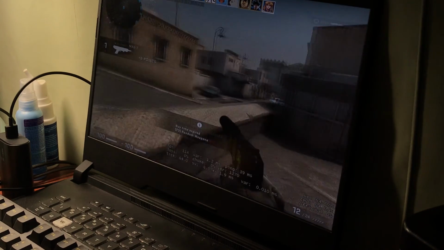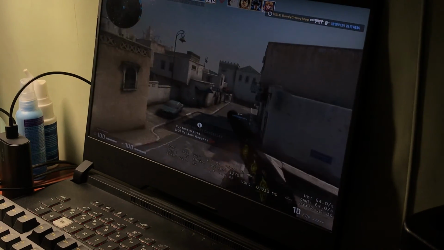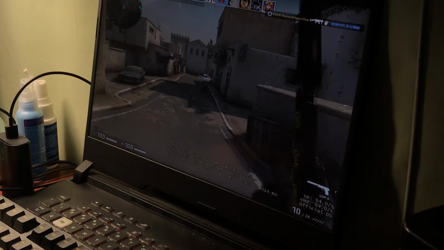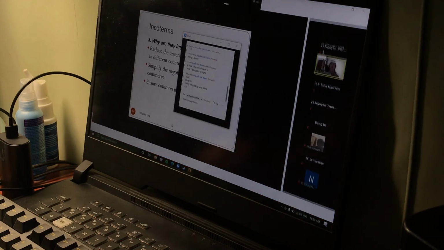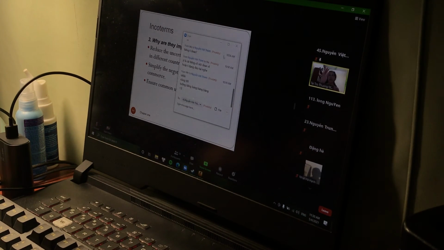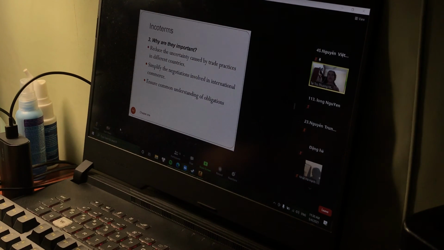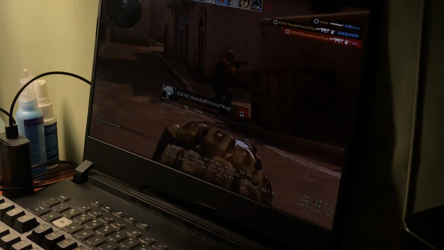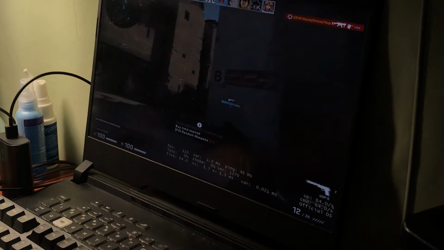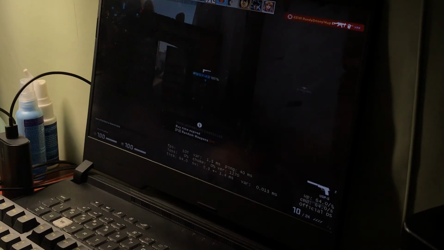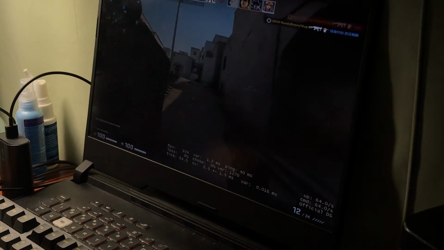And now, maybe this is the last content of our lesson today. Why are Incoterms important? Read all of them.